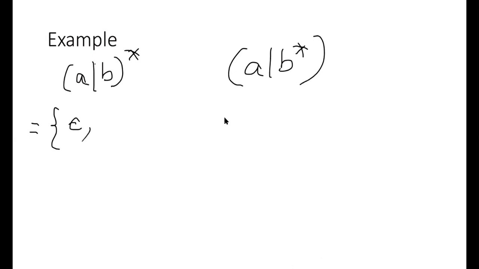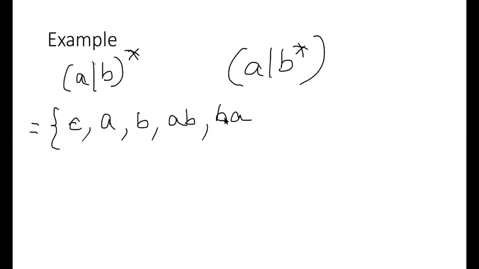So I have epsilon. Then I have A. Then I have B. All right, I have either A or B one time. Then I can have AB, or I can have BA.